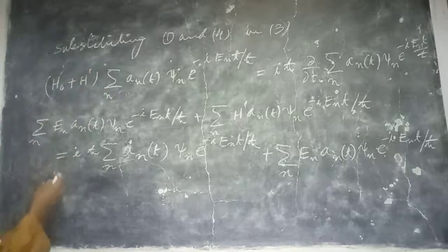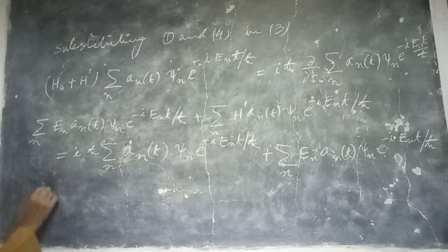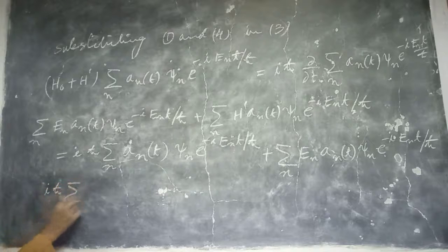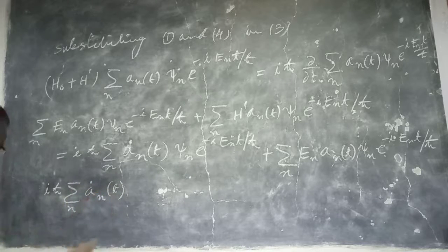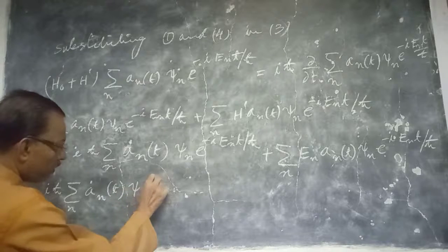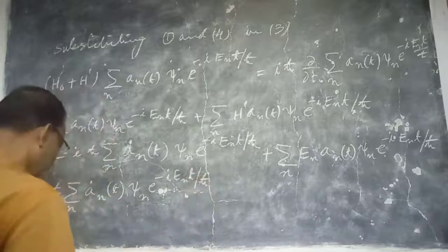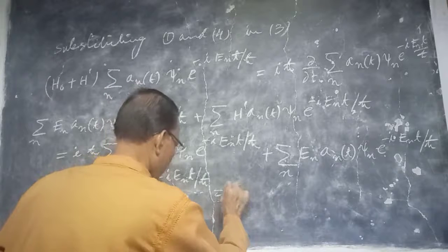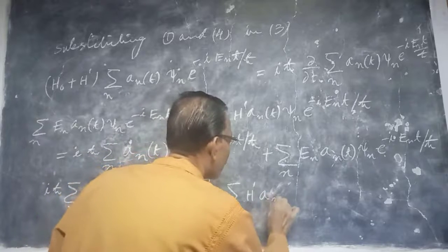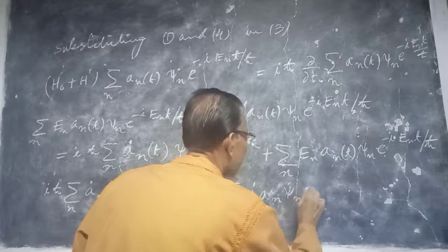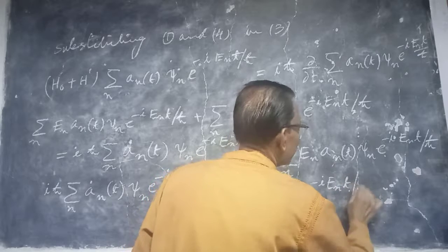So finally we get i h cross sum over n of a n dot of t psi n e to the power minus i E n t by h cross equal to the sum over n of H prime a n psi n e to the power minus i E n t by h cross.